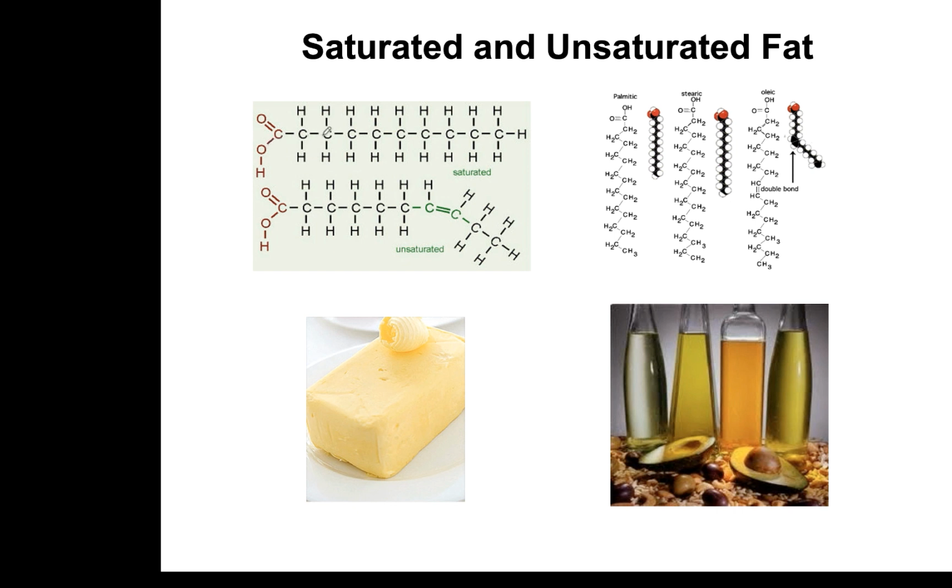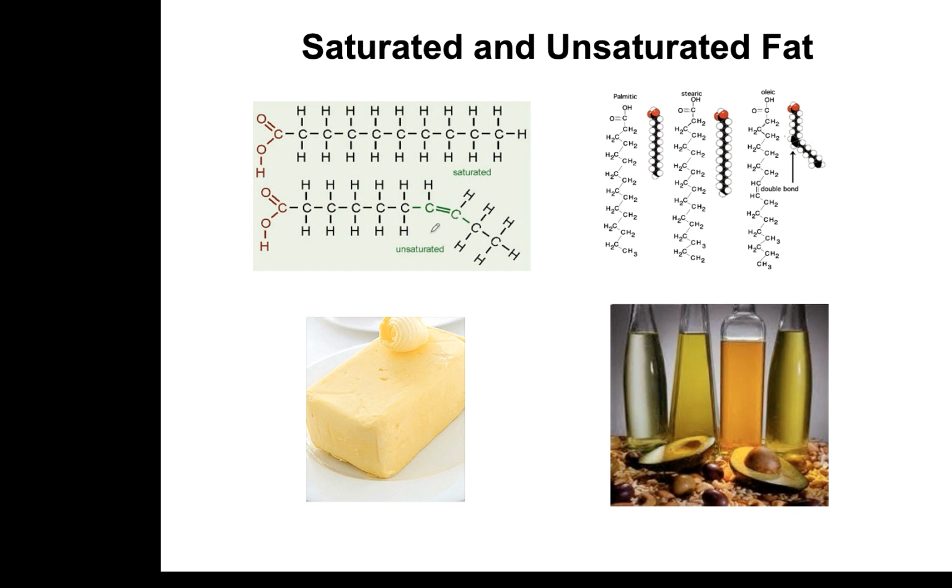Can you see this hydrocarbon chain or fatty acid chain? Each carbon has 4 chemical bonds. Each carbon is fully saturated with other atoms, such as hydrogen. In unsaturated fat, most carbon is saturated with hydrogen, but some carbon is not fully saturated with hydrogen. Rather, it has a double bond with an adjacent carbon.